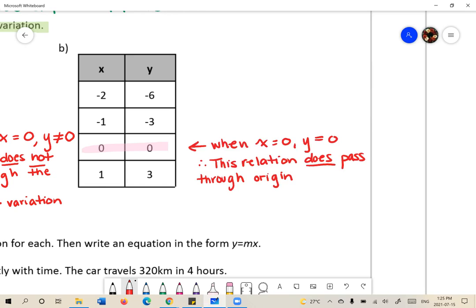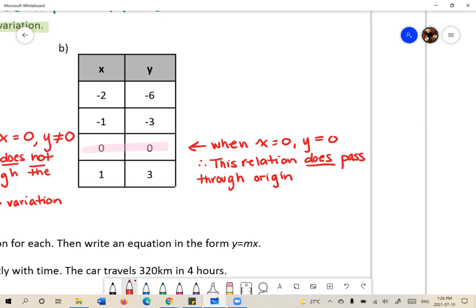Another thing to keep in mind when determining whether a table of values represents a direct or partial variation is whether or not this relation is linear in the first place. We learned last lesson that we determine from a table of values whether a relation is linear or not using first differences.